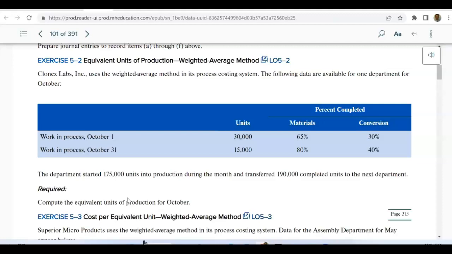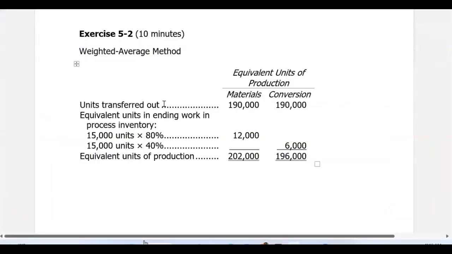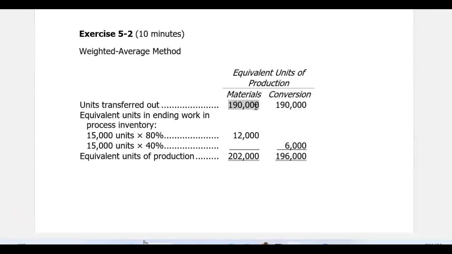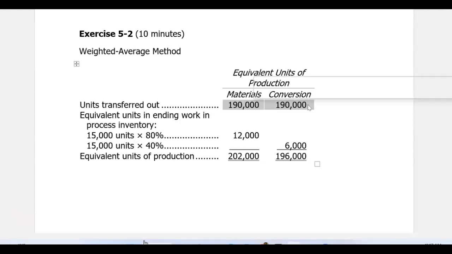So we are trying to calculate what is the equivalent units of production. Okay, here we go. So units transferred out in regards to material is always 100%, which is 190,000 units. And because again, it's transferred out, that means it's completed in regards to conversion also. So that is 100% correct, 190,000 units.